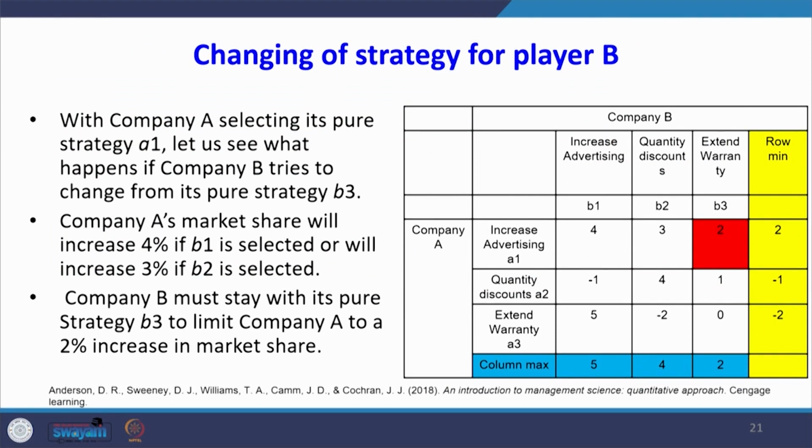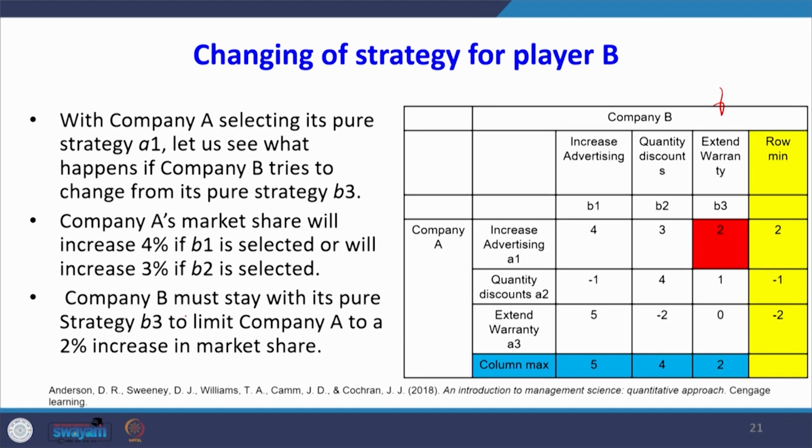Suppose we change the strategy for player B. When company A selects pure strategy A1, let us see what happens if company B tries to change from its pure strategy B3. Company A's market share will increase by 4% if the company goes for B1. It will increase 3% if the company goes for B2.